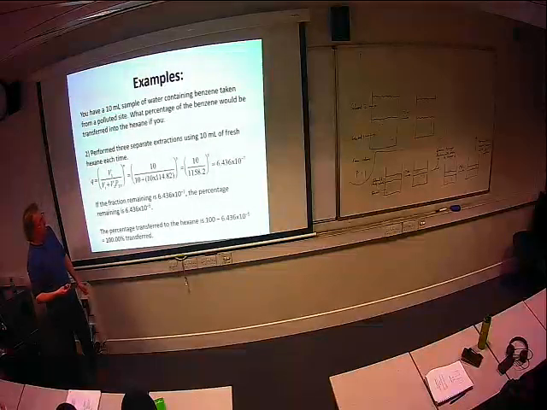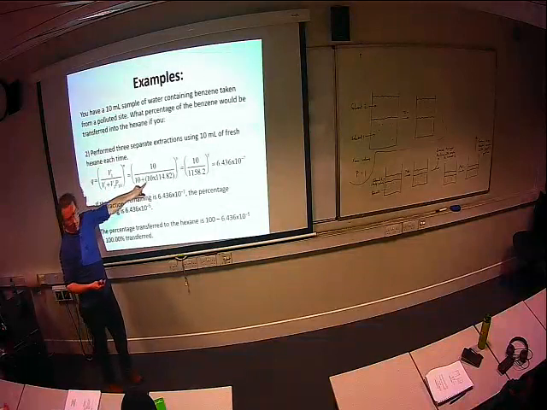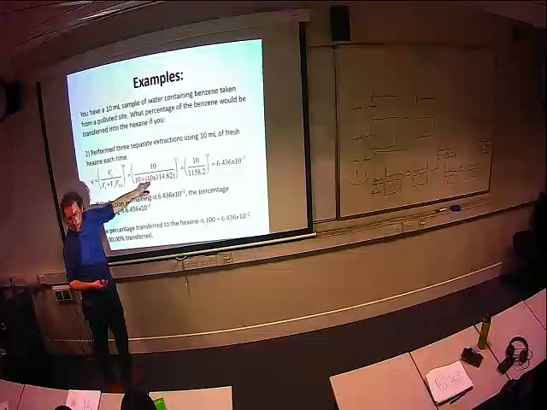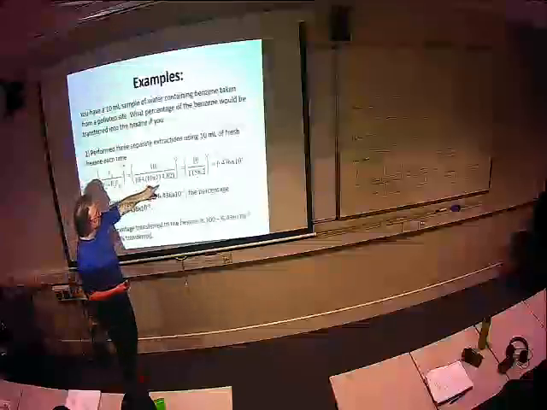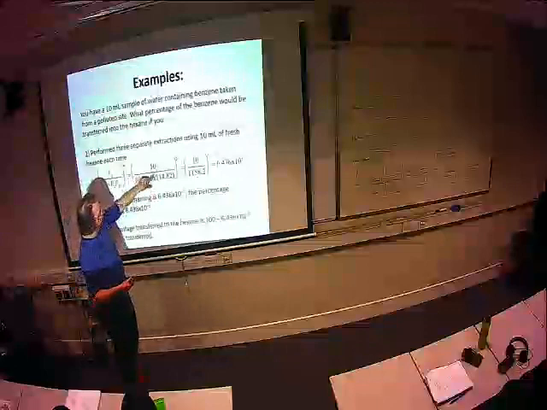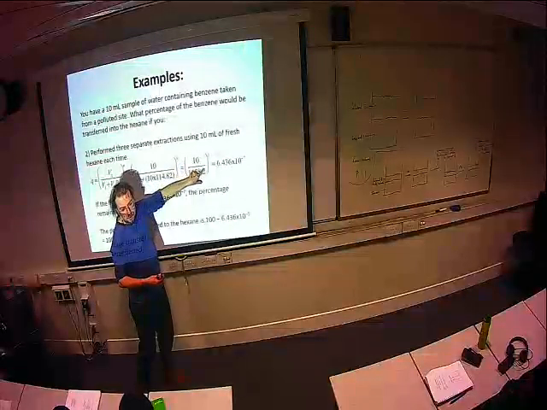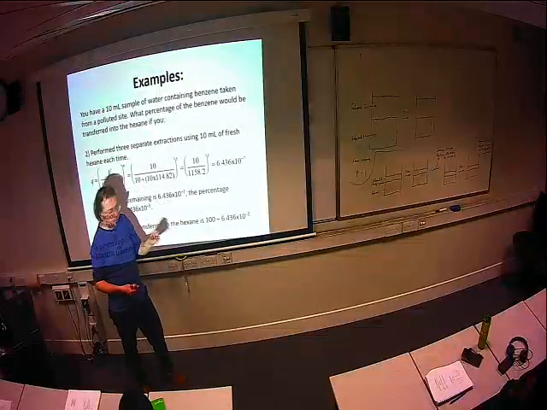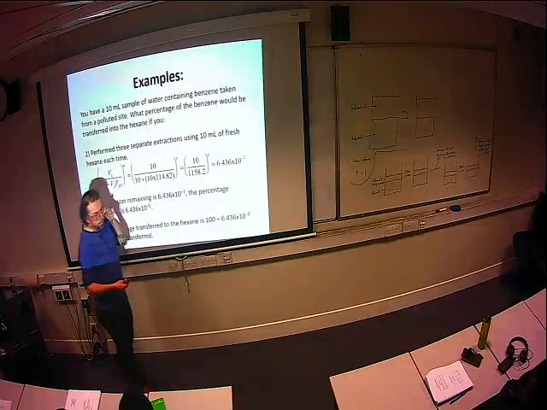We're going to end up with a slightly different number here because we're using a volume of 10 milliliters instead of 30. But once you go through that calculation within the brackets there, for each extraction that you do, the proportion that's left behind is 10 divided by 1158.2.